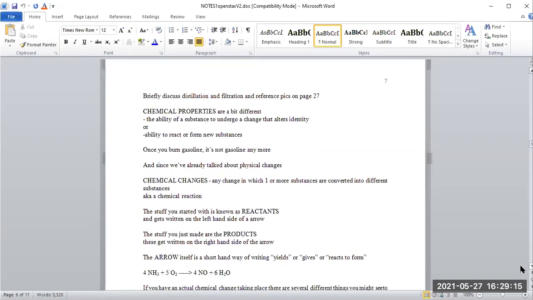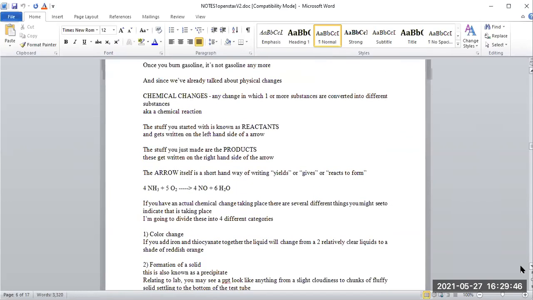If you have a chemical change happening and you write it down, the things you put on the left-hand side get dubbed the reactants. The things that get written on the right-hand side are dubbed the products. And obviously there's an arrow in the middle. That's the way chemistry equations are written, as opposed to an equal sign, we have an arrow.